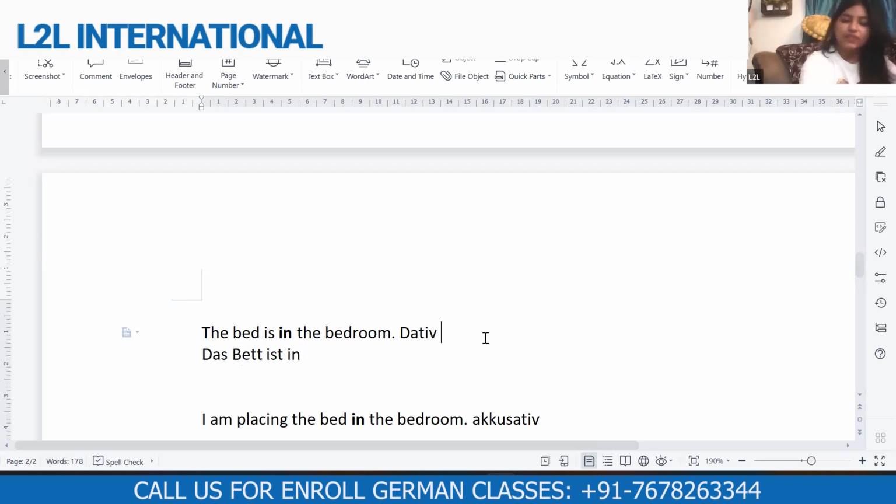I said it's a dative sentence, right? Ashwin, what does das change to in dative? Can't remember it. Didn't anybody study? Das changes to dem in dative.